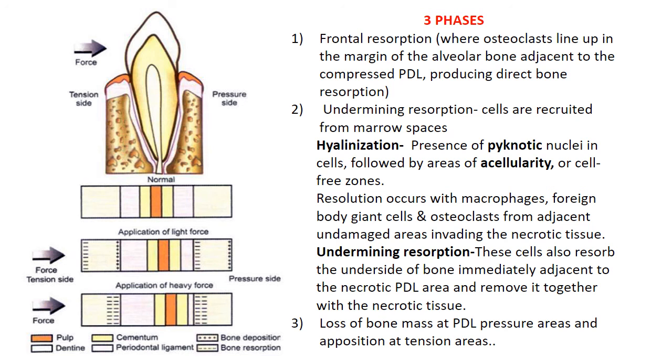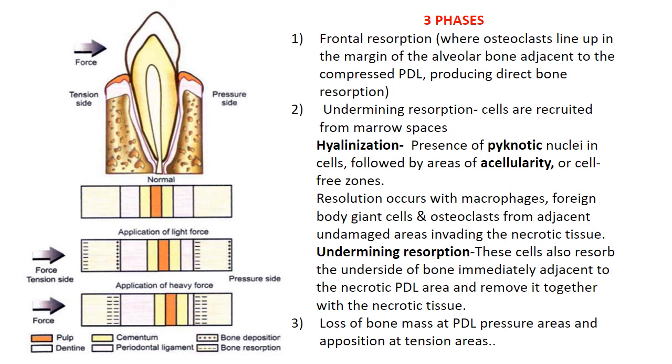But on the contrary, if you have a very heavy force, what's going to happen? The tooth is directly going to touch the alveolar bone. There is no space for the blood vessels to line there. There is no space for the osteoclast there, because it requires that blood supply, it requires that form of mediators.